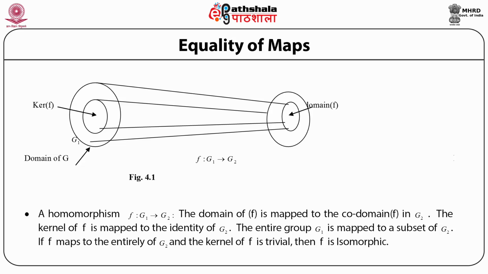The entire group G1 is mapped to a subset of G2. If it so happens that the map F maps to the entirety of G2, that is, all the points in the group G2 are the image of some elements in the group G1, and if the kernel of F is trivial, then the map F is said to be isomorphic.